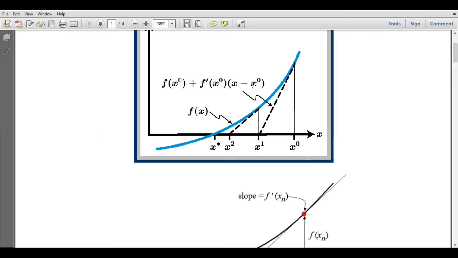When we equate this equation to 0, it means we are representing this point. Now, this equation is similar to the y-intercept form of a linear equation, which is y is equal to mx plus c. So this is f(x naught), which is c, or it can also be termed as the y-intercept. This is the slope of the function at this point x naught, and this is x minus x naught.